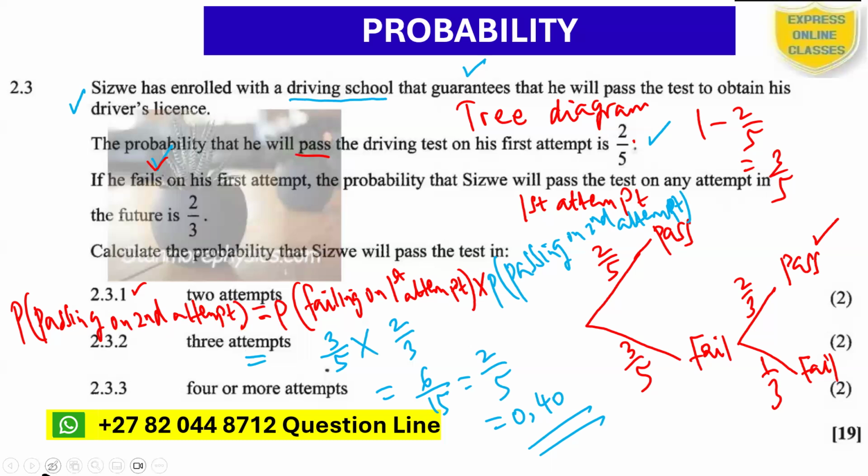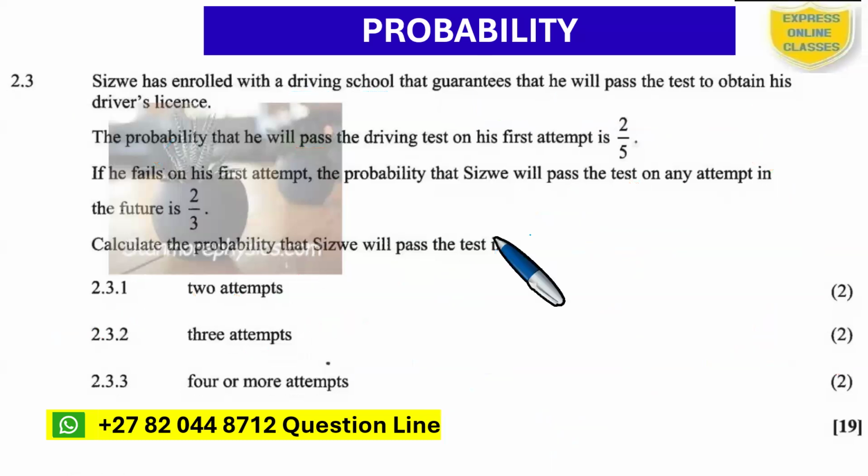Now, I want us to focus on this one. Our tree diagram is still there. The probability that you will pass the driving test on his first attempt: you attempt for the first time and then there is a pass or there is a fail.